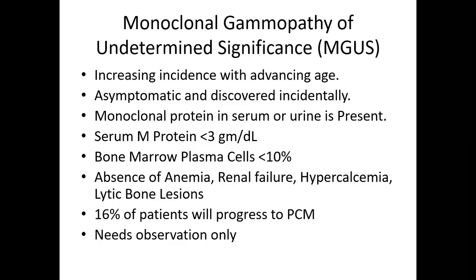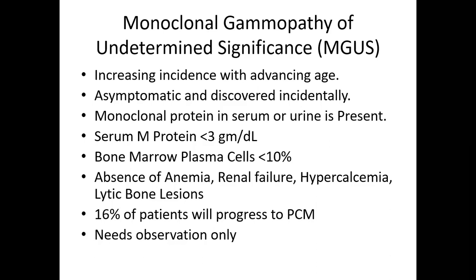The M band is small in size and non-progressive. Usually it is less than 3 grams per deciliter. The bone marrow plasma cells, as I said, should be less than 10%. There are no symptoms. There is no anemia, no renal failure, no hypercalcemia, no lytic bone lesions.